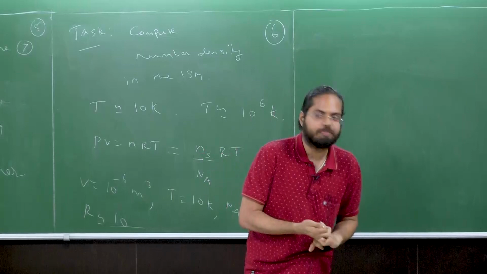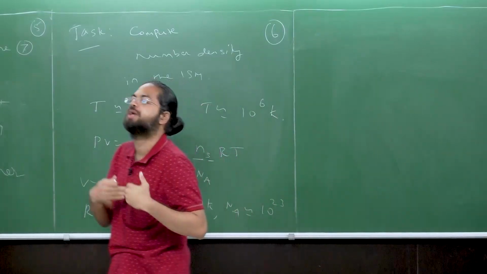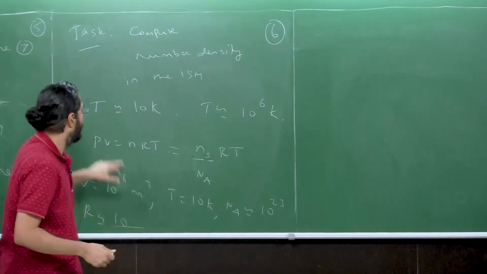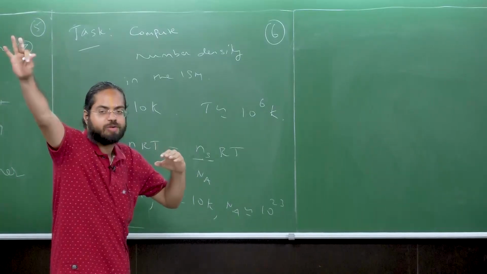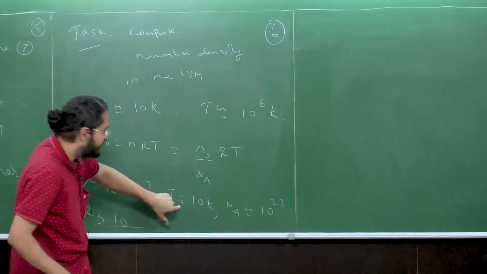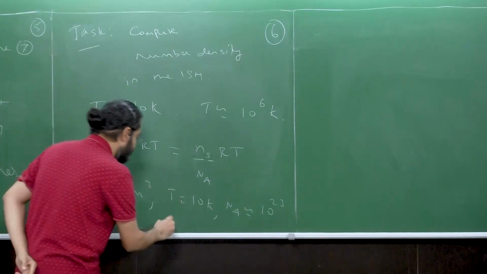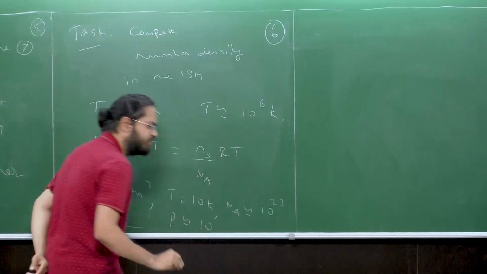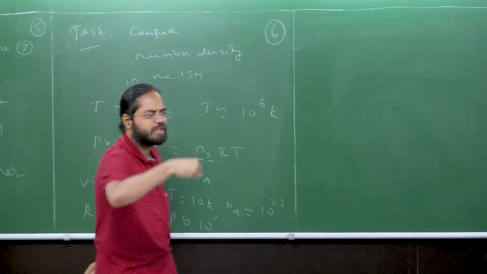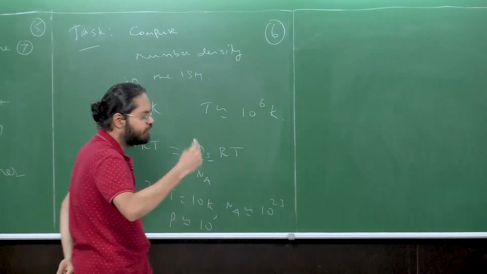I don't actually expect you to answer this question, because I should give you that number. The pressure varies across the different regions of the ISM itself. In the cold regions, when the temperature is 10 Kelvin, the pressure can be approximately 10 to the power minus 22 to 10 to the power minus 24 atmosphere.